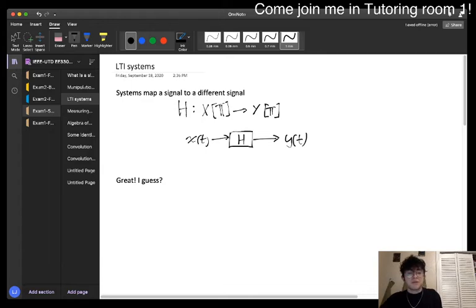Right now, if we don't have any other information, then H is what we call a black box. This black box is something where we don't know how to interpret the output in terms of the input. So we can almost think of this black box as just magic.